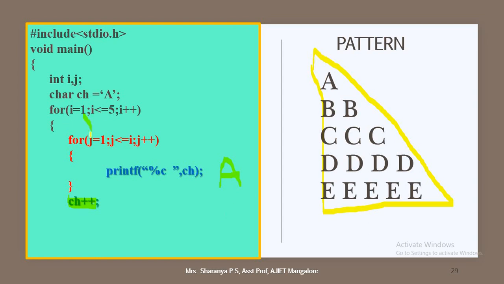So with the I value equal to 1, the character is incremented with ch plus plus. So the ch value is now b. So b will be printed twice. After that ch is incremented. Now the ch value will be equivalent to c. Now with this c value, once again the inner loop will be executed 3 times. So c will be printed onto the output screen, and parallelly we will be adding the new line character along with the outermost loop. This is how we can print the alphabet pattern.